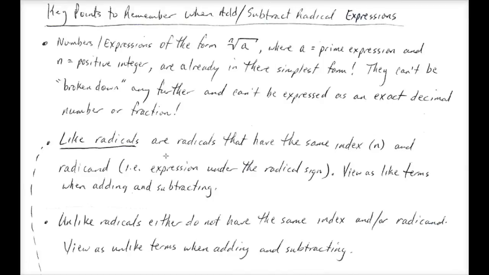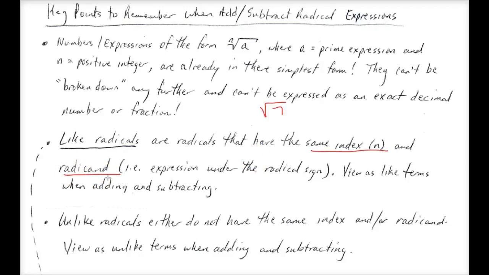Some key points to remember here: if we have a number expression in the nth root form where a is some prime expression, then we know that that particular radical expression is already in its simplest form. It can't be broken down anymore, like square root of 7. Like radicals, and I'm giving you the formal definition here, are radicals that have the same index and the same radicand.